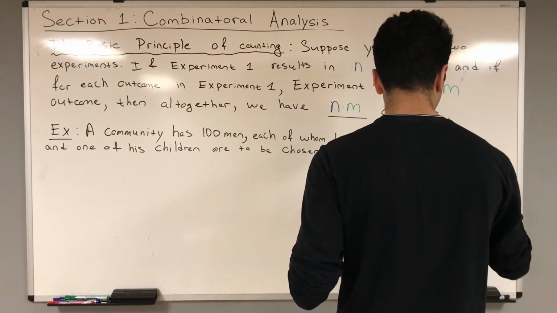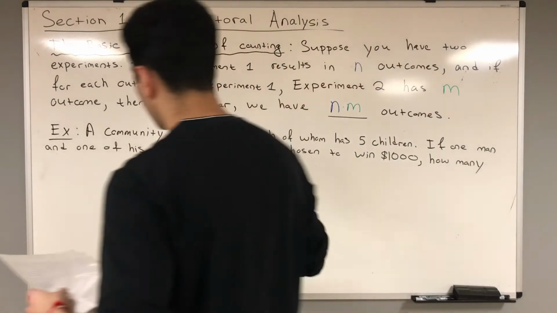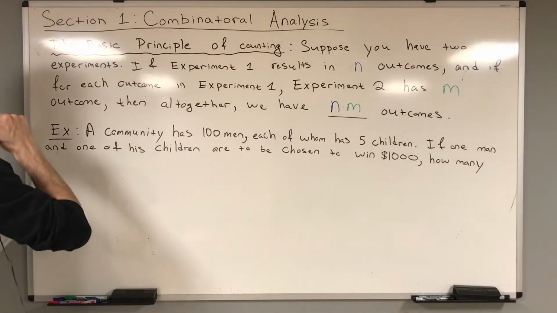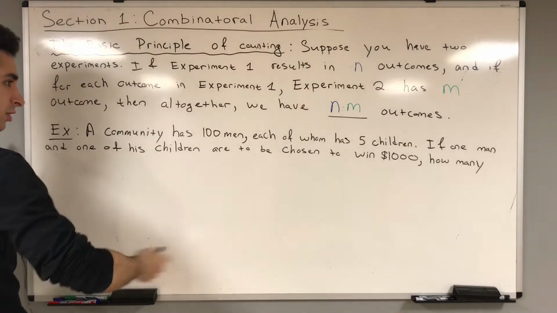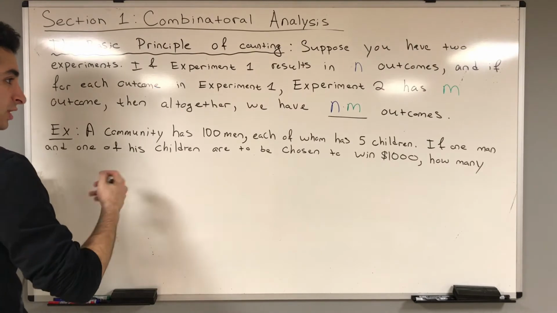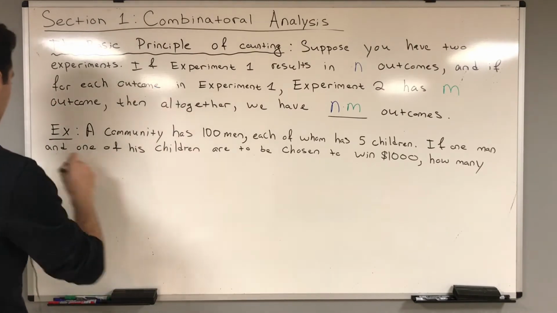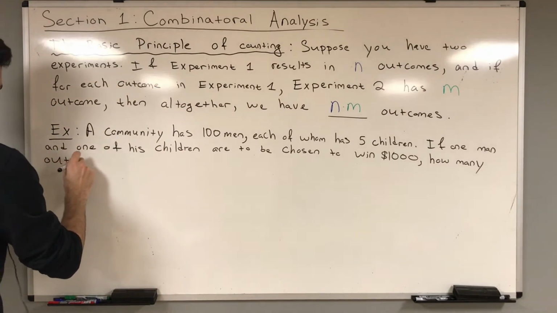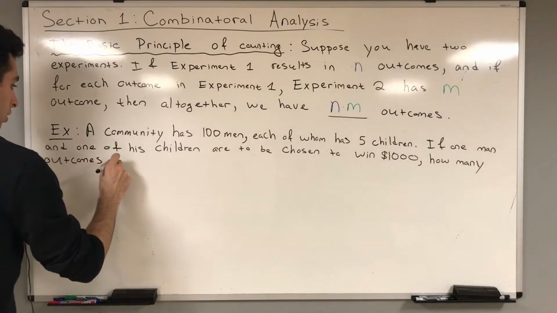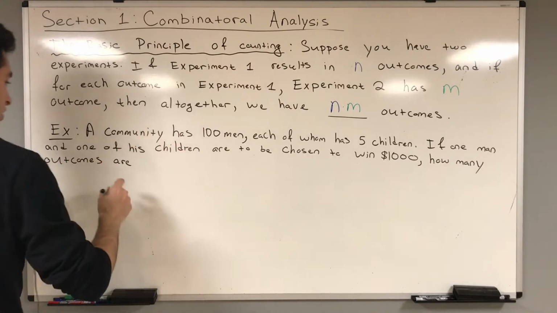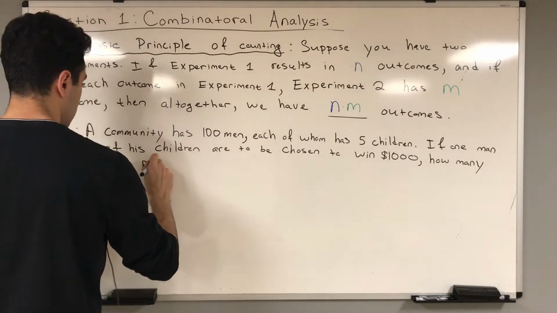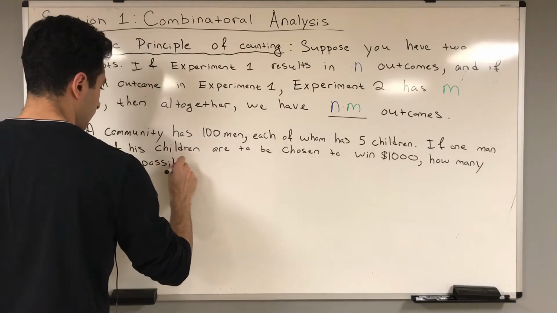How many different outcomes, choices, doesn't really matter as long as you understand that outcomes and choices and all of those synonyms are the same. So how many different outcomes are possible in this example?